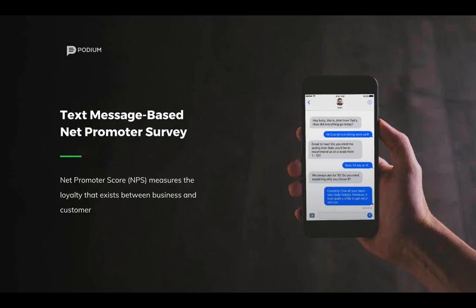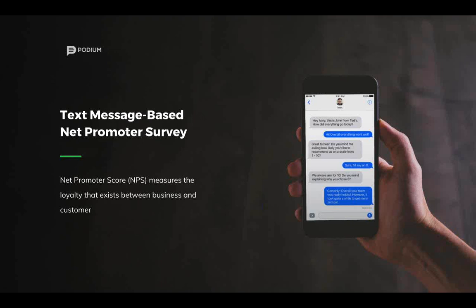So this next area of focus is really trying to get ahead and focus on those key areas. So we talk about text message-based surveys, net promoter surveys. For those of you who aren't familiar with the term net promoter score, it basically measures the loyalty that exists between businesses and a customer. You've probably seen or taken this before. Basically what it says is, on a scale of 0 to 10 or 1 to 10, how likely are you to rate this business?